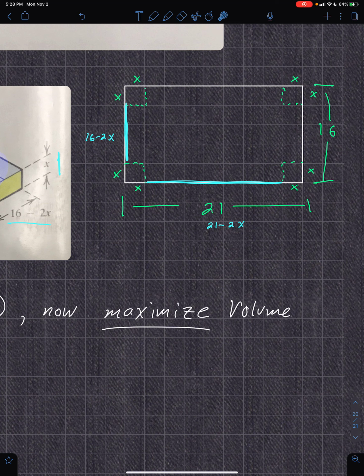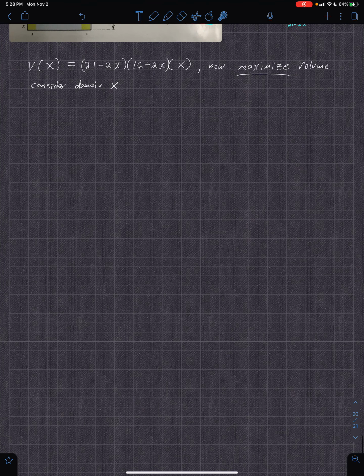Can't be 0, you won't have anything. Can't be past 8 or it wouldn't make sense to go over here. Just doesn't make sense, right? You got to go 0 to 8. So if that doesn't ring well to you, think about why it has to be 0 to 8. So domain of x is in that interval.